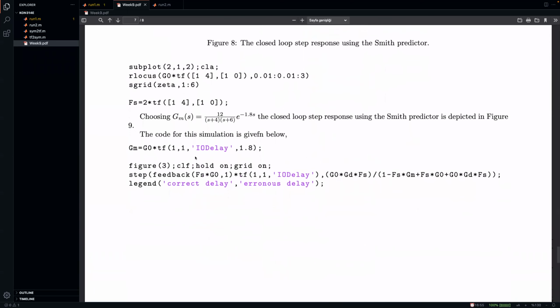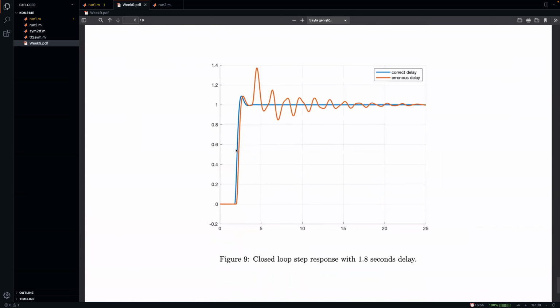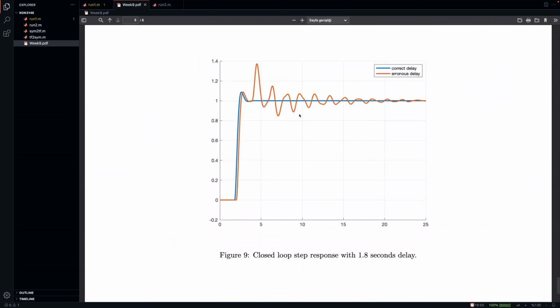But when you change the system a little bit, the model a little bit, the plant has, let's assume, 1.8 seconds of dead time or delay time instead of 2 seconds. And your model is not correct anymore. And when you use the structure, you end up in this interesting behavior because the delay part is a little bit off. There's a deviation.